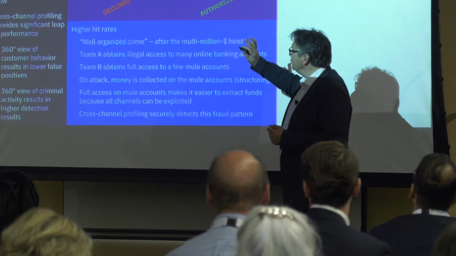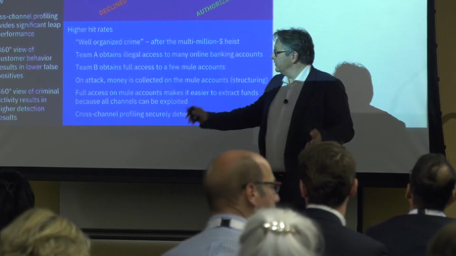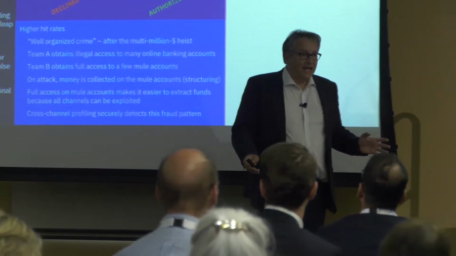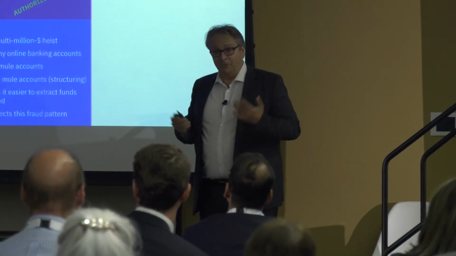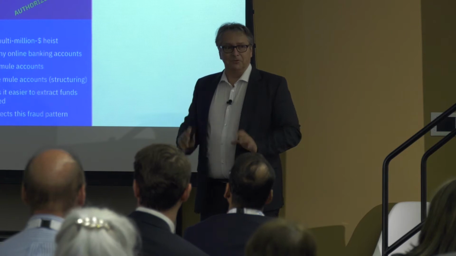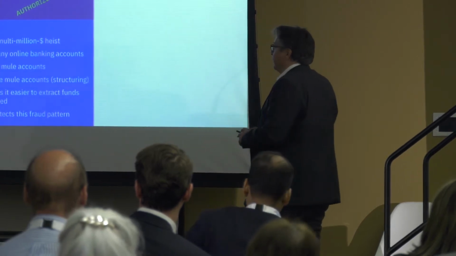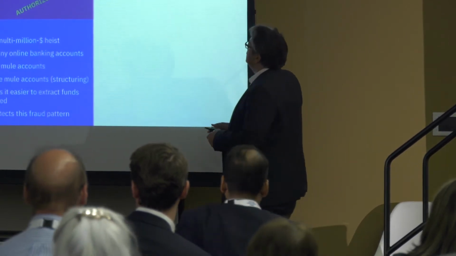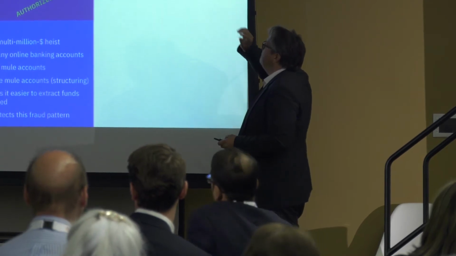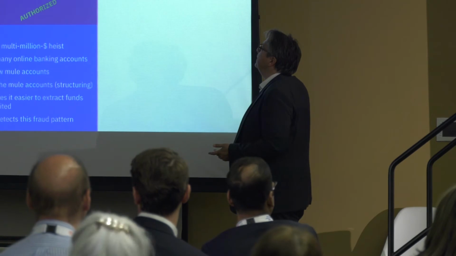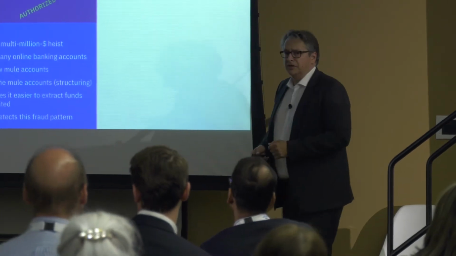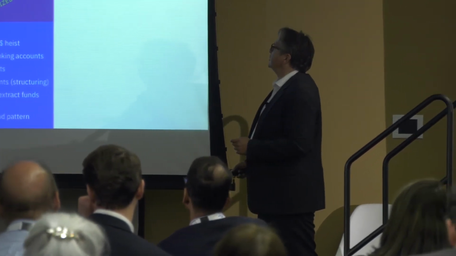Now, to some of our banking customers, when I talk to them about cross-channel profiling, they're getting a bit scared because they say just doing siloed fraud prevention is hard enough. So just a quick remark. Many of our banking customers are using the advent of real-time payments to start a payments modernization program for the fraud prevention part.